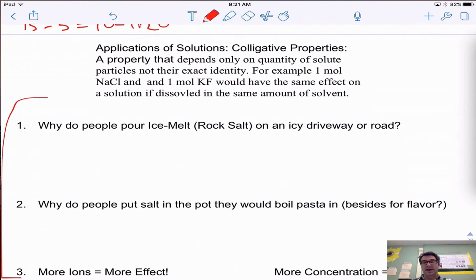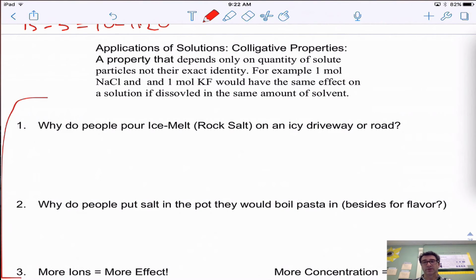We don't really care about their identity as long as we know how many are dissolved. For example, if I have 1 mole of a salt, NaCl, versus 1 mole of another salt, KF, as long as they dissolve to the same extent and produce the same number of ions, they should have the same effect on the solution's properties.